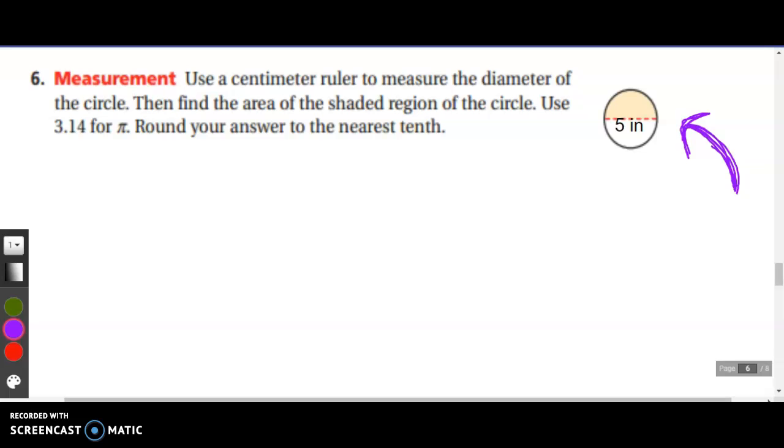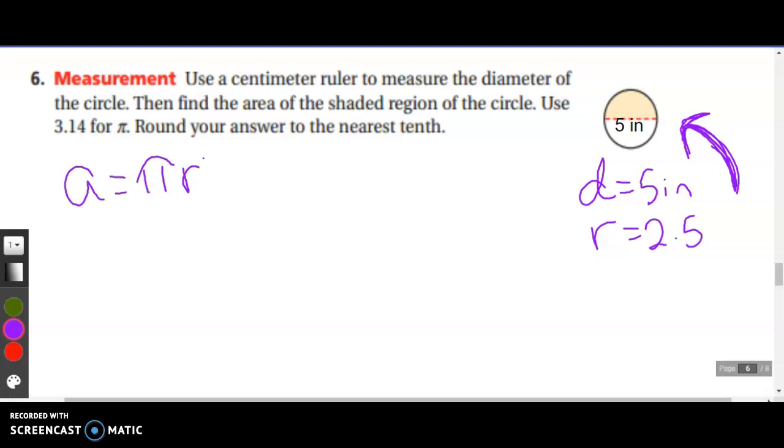So this 5 inches here represents a diameter. If the diameter is 5 inches, then that means the radius is 2.5 inches. So I write area equals pi r squared. Area is approximately 3.14 times 2.5 squared.